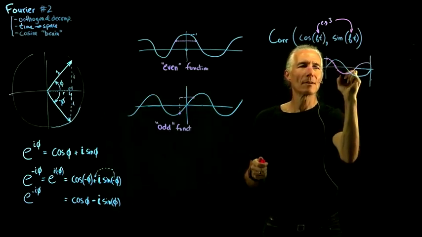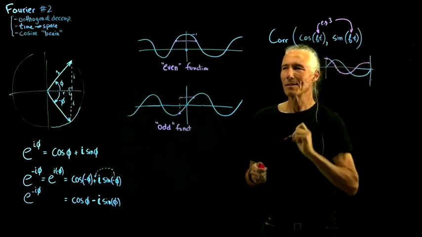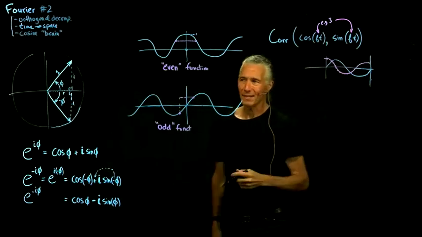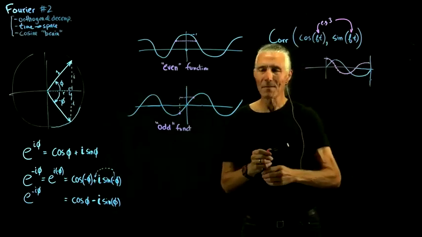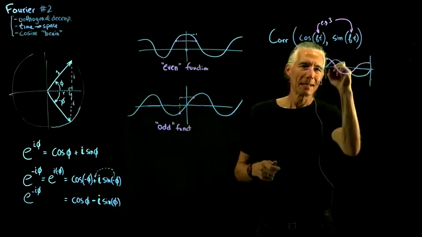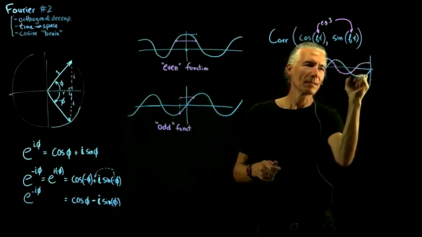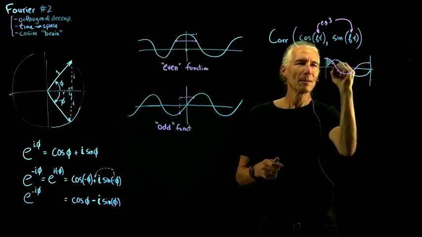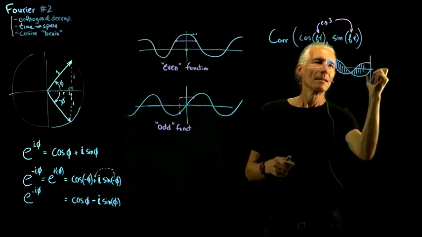Each of these numbers is like a number in the vector. Think of it as a 1,000-dimensional vector, or an infinite number of points. And then think of the sine as another vector, which consists of all these numbers. Those are all the coordinates of that other vector. Multiply them all times each other, add them up, and you get 0.